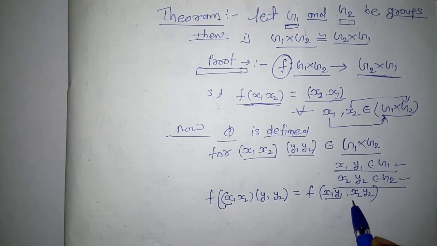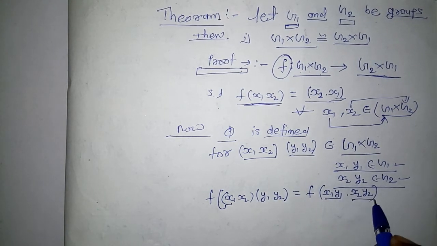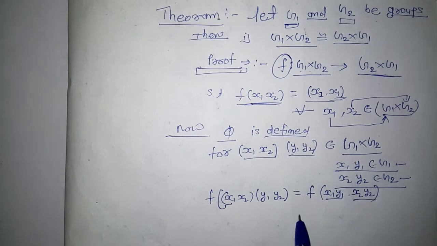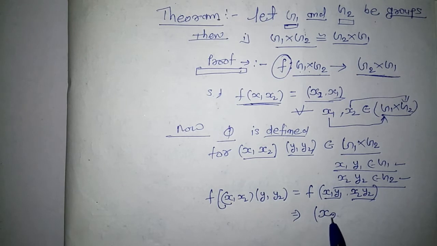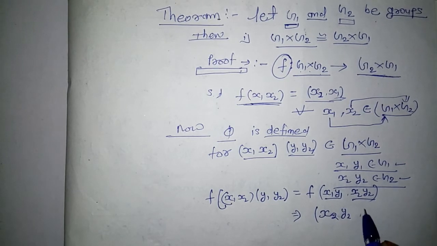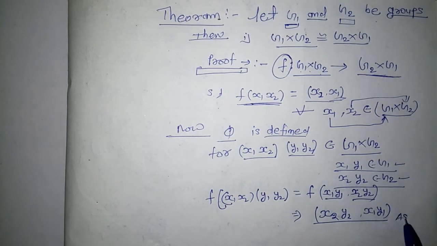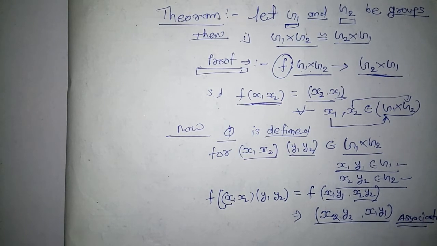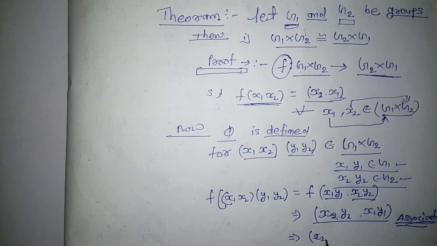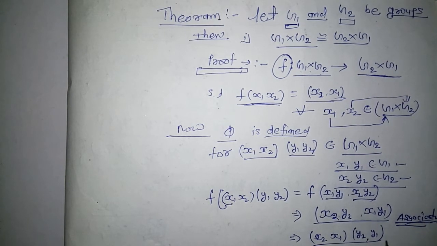Now (x1 y1, x2 y2) we can write as (x2 y2, x1 y1) because of the associative law. Okay students, this property is called associative. And also we can write this as (x2, x1)(y2, y1), as you know students.